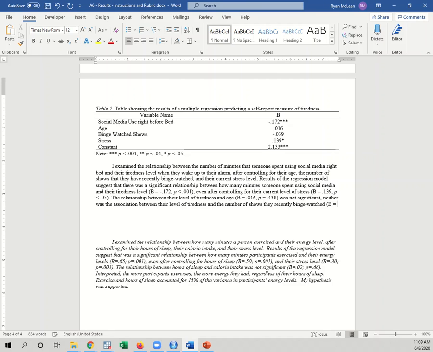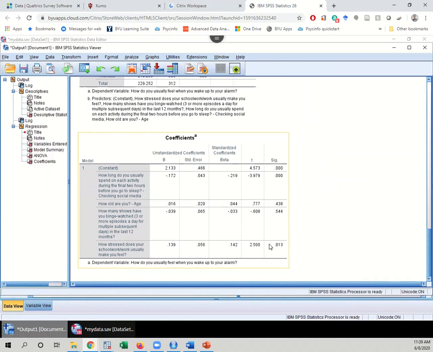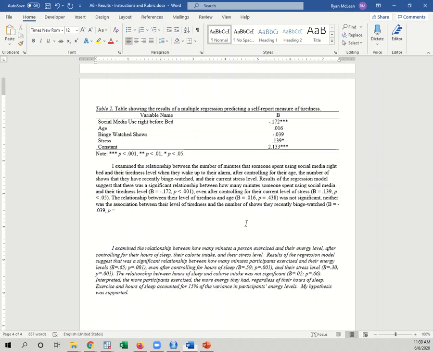B equals negative 0.039. P equals, come back and look at SPSS, 0.544.